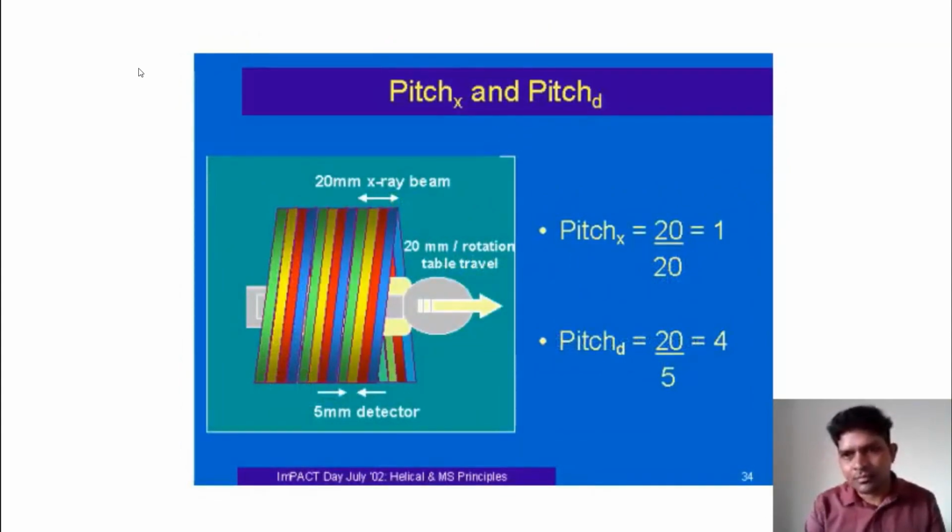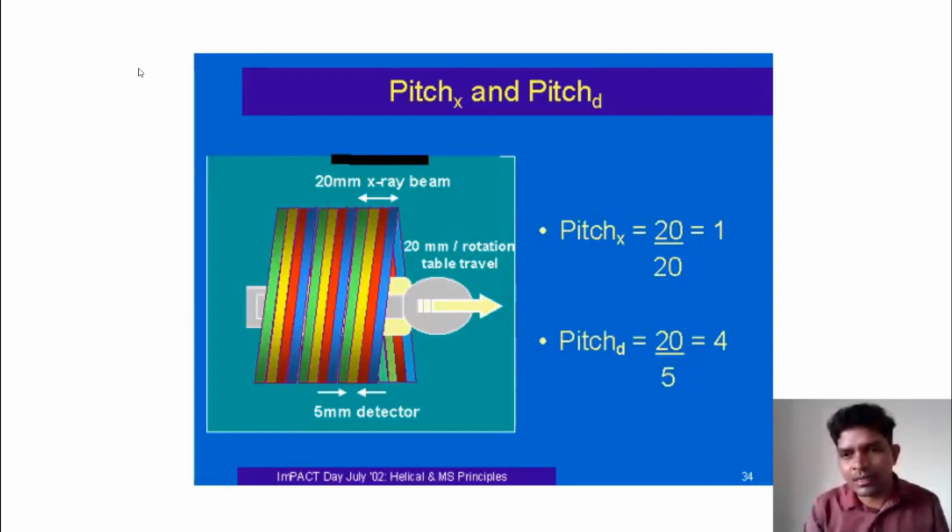Now if it is one rotation of, for example, a 4-slice CT with each slice having a 5 mm width, it is a 20 mm X-ray beam rotating around the patient. In one rotation, 20 mm is covered.